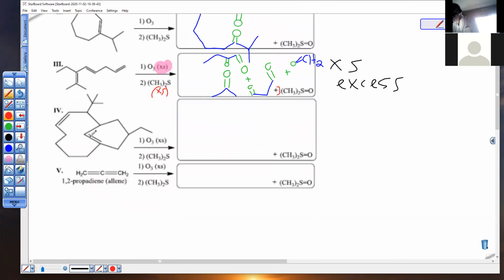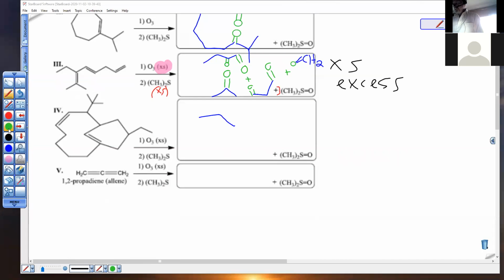This one you're going to cut twice. Once there, once there. So let's do the skeleton around the outside. Double bond O there. I don't like it. Start over.